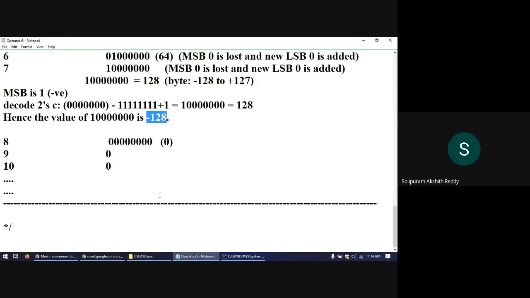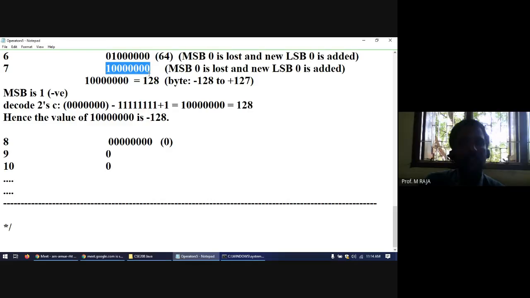Yes, whenever the MSB is 1, it is represented in 2's complement format. So for this highlighted number, you need to find the decoded value of 2's complement format. Since MSB is 1, finding its 2's complement gives 128, so the actual value is minus 128.